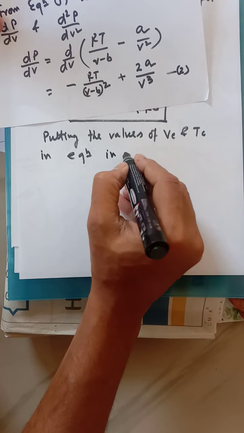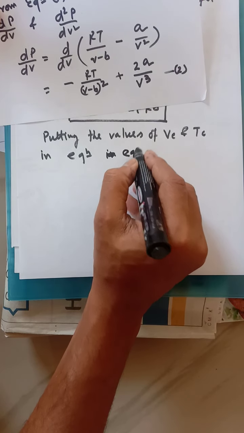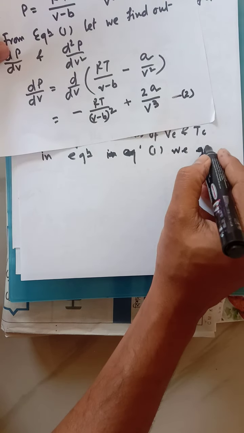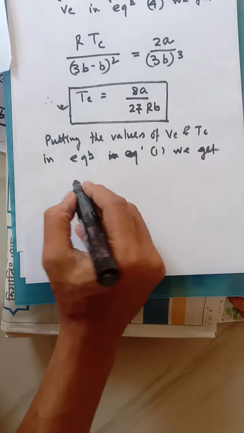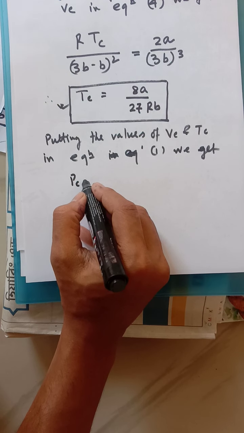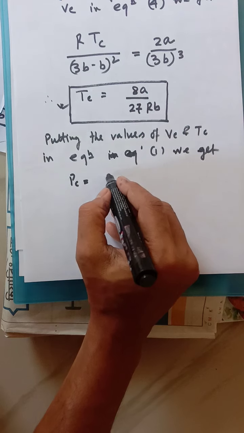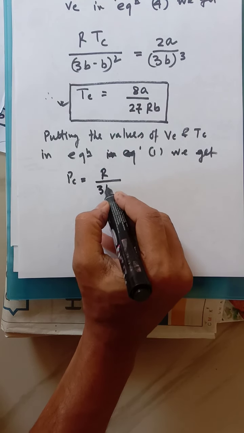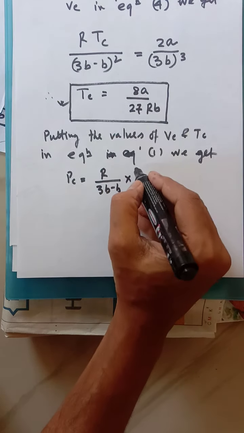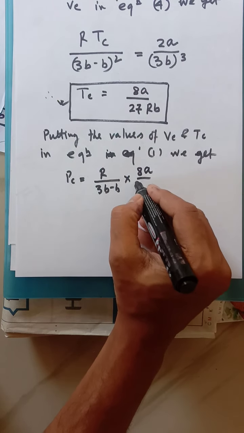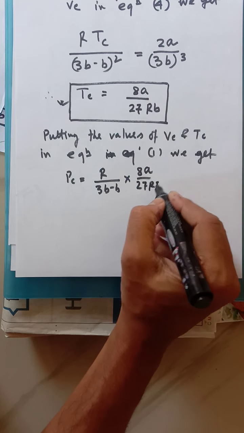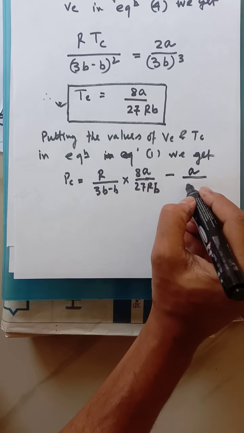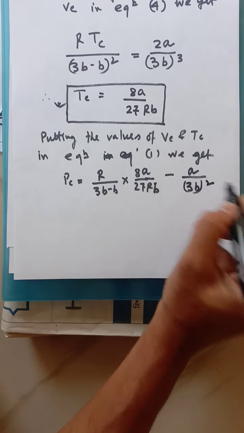In equation 1 we get PC equal to R times 8A by 27RB divided by 3B minus B, minus A by 3B whole square.